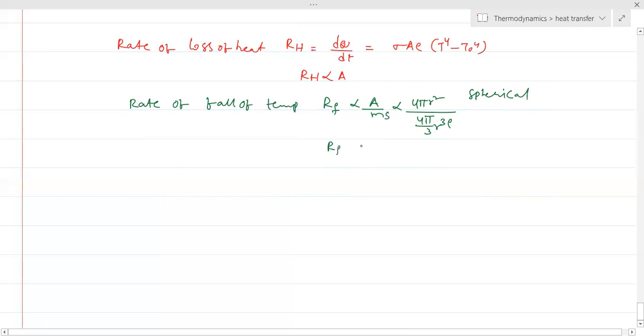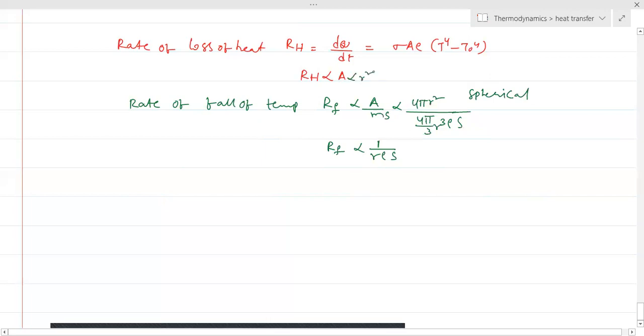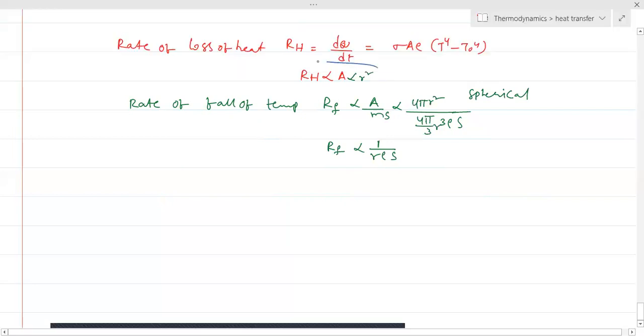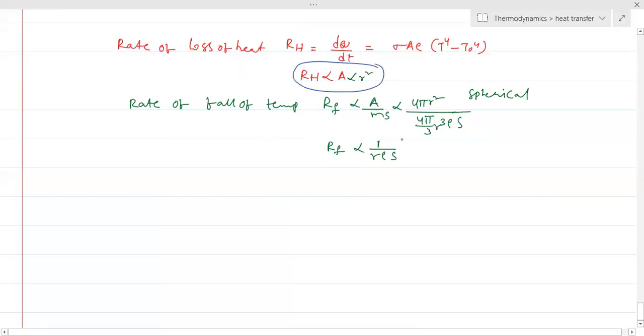So the rate of fall of temperature is proportional to 1 by r rho s. This is very, very important. So the rate of heat is proportional to the area, proportional to r square. By thinking of these two considerations, we are going to understand some given questions.